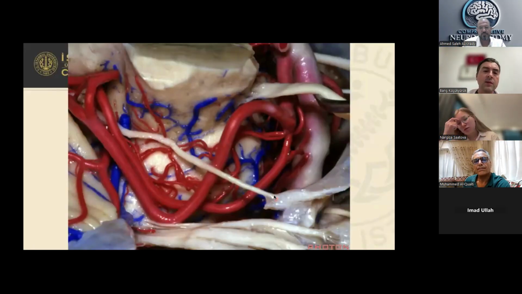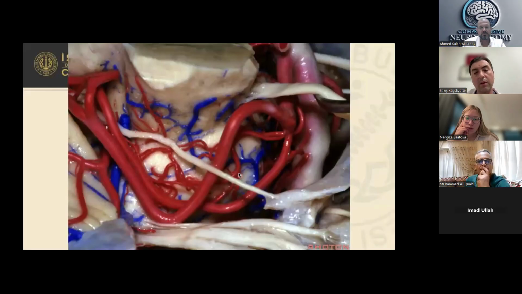In most of the cases, it joins the free edge of the tentorium at the anterior margin of the brainstem or in the sutural space, but in around 10 or 15% of the cases, it may join the free edge very far backwards, let me say around the posterior margin or the mid portion of the brainstem.